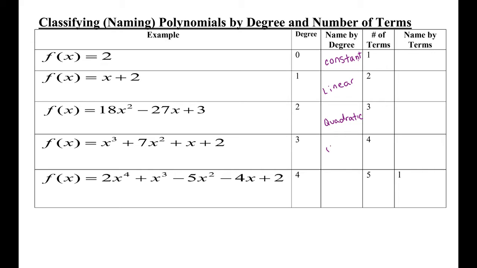If it has a degree of 3, it is cubic. If it has a degree of 4, it's quartic. And for 5 or above 4 degree, you're just going to say it is a 5th degree polynomial.